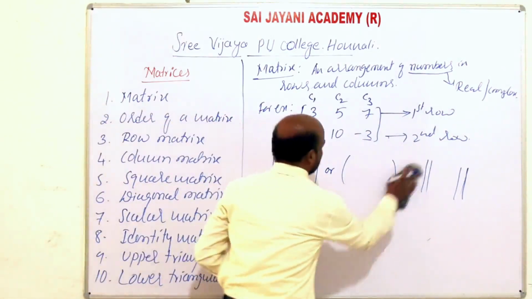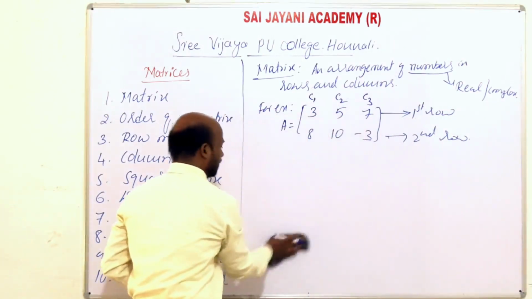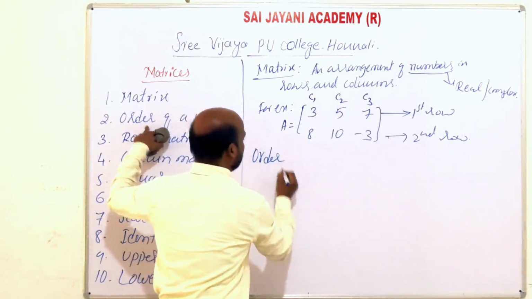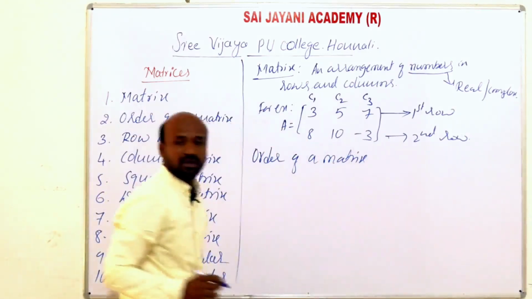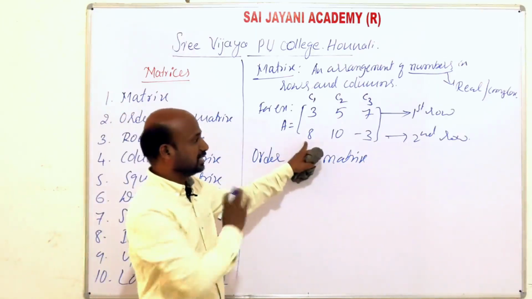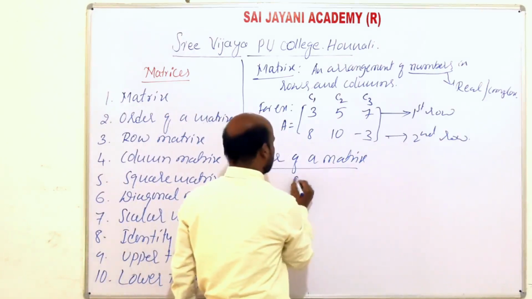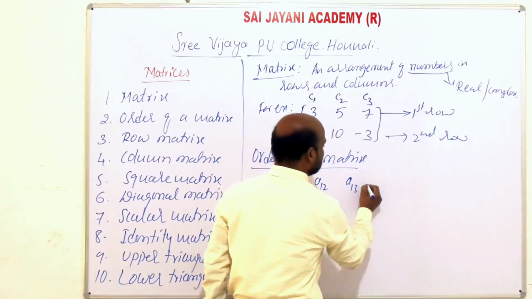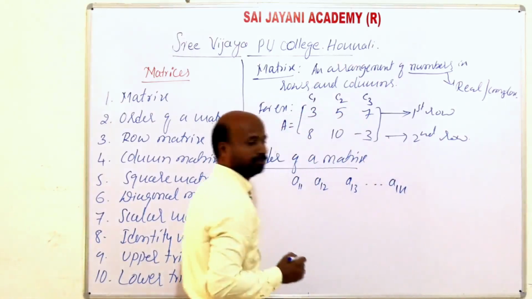And then after the definition of the matrix, we shall discuss the order of a matrix. So let us represent the matrix in general. That is first row, first element a11, a12, a13, and this is a1n.